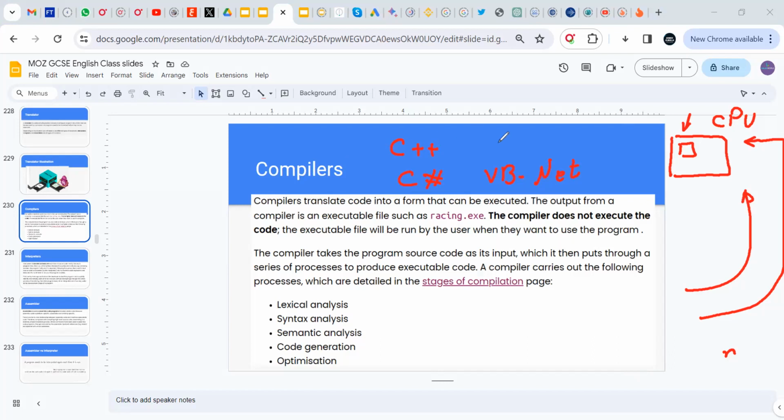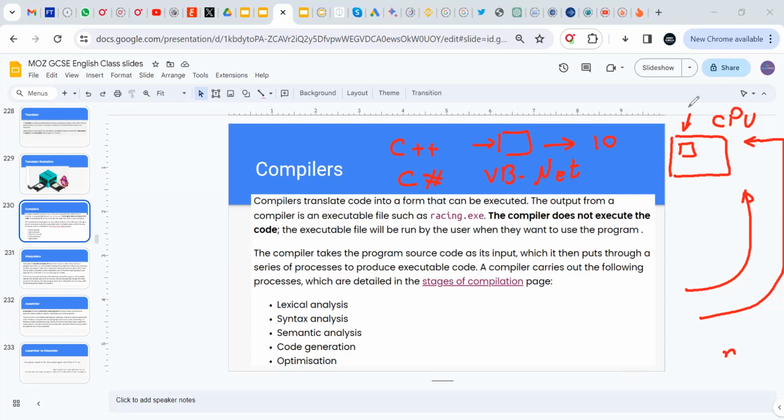This compiler does the same job at the end. It takes whatever language you put in, and it outputs ones and zeros that the computer can understand. So either an interpreter or a compiler, both do the same job. Compilers work with certain languages, interpreters work with other languages, and that's it. That's what you need to know at the moment.